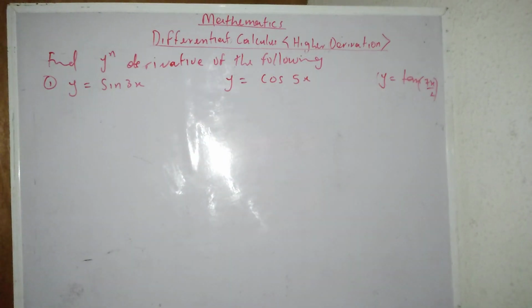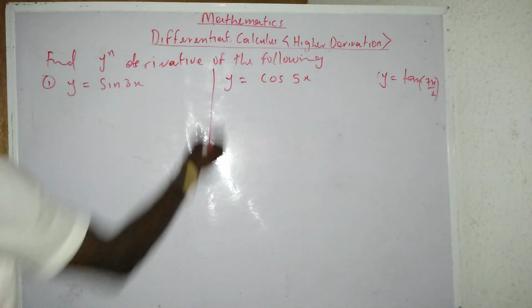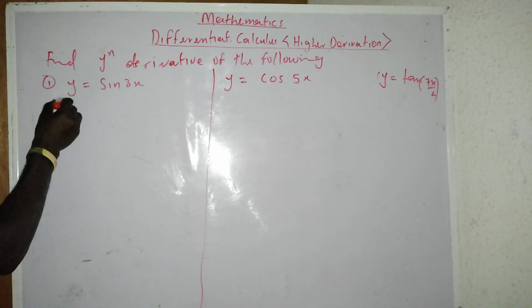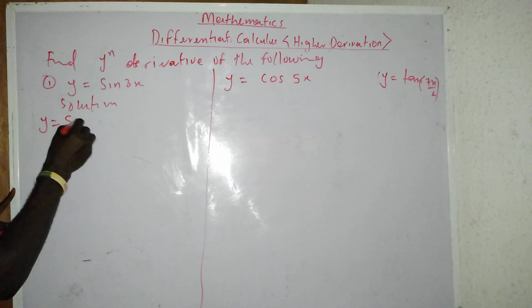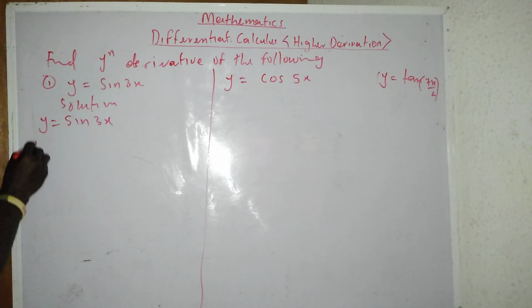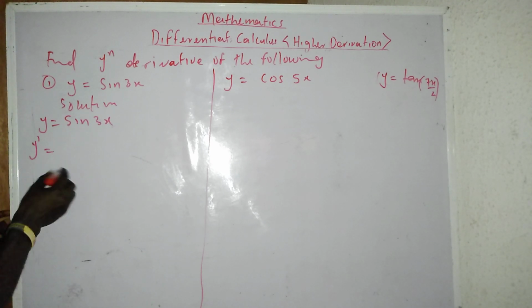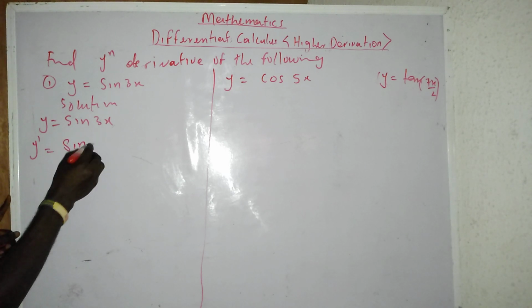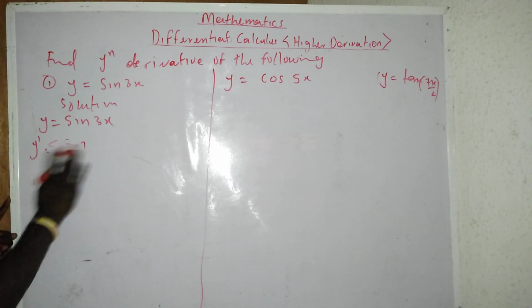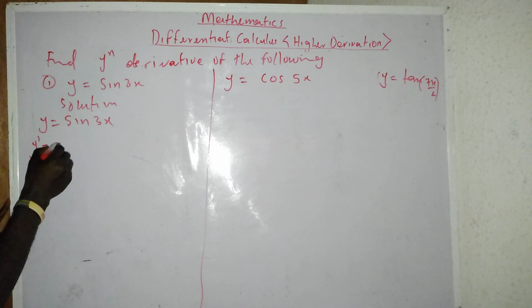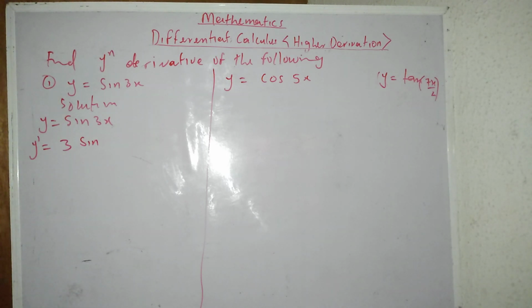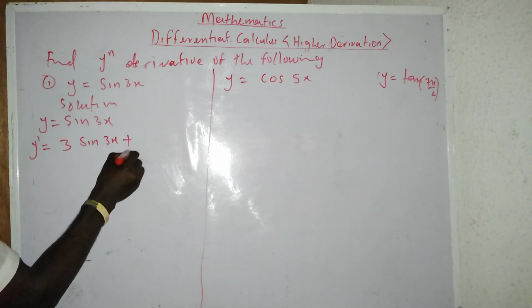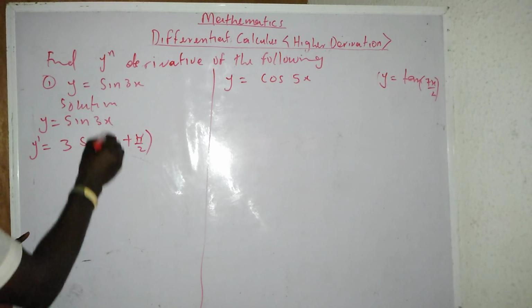Now try that after. Okay, let's solve this too. Okay, solution. y equals sine 3x. The first one is I will have 3 sine (3x + π/2).